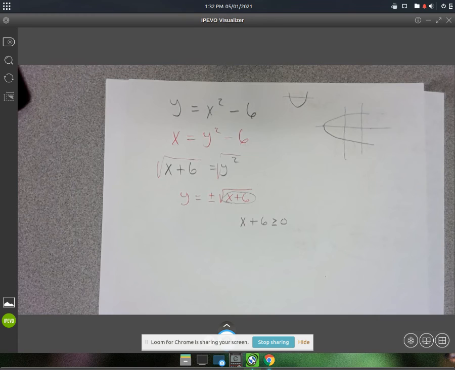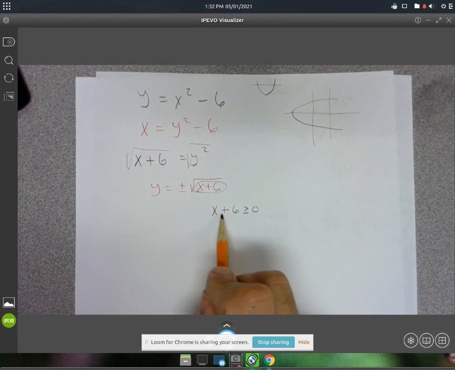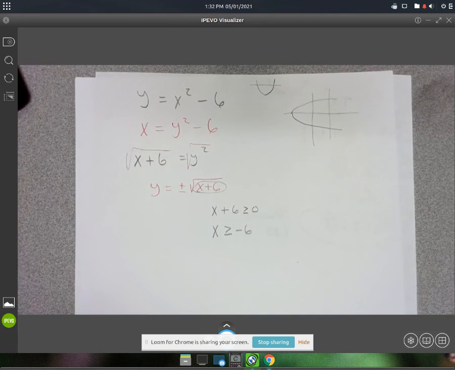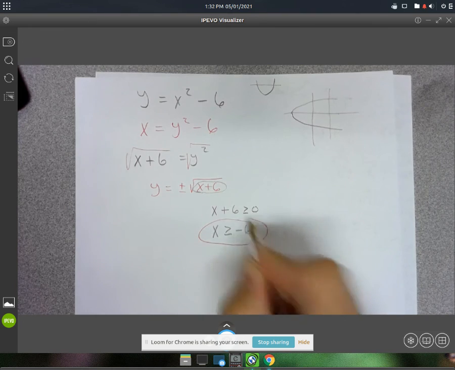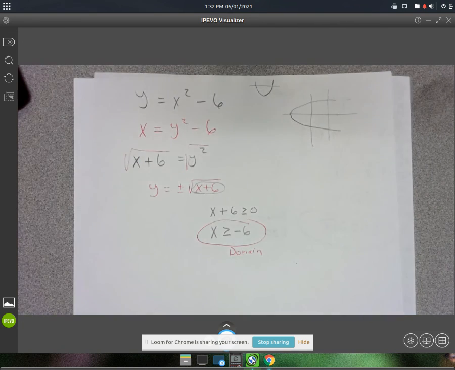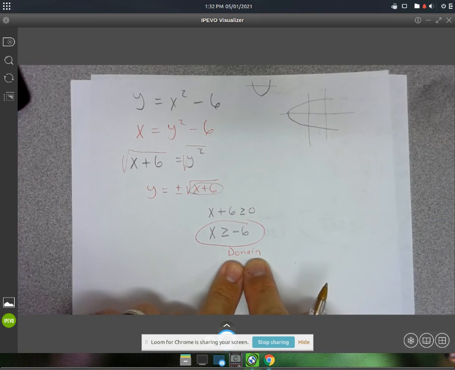Then you solve this little inequality. Just move the 6 over. It'll be x is greater than or equal to negative 6. And this is your domain. That's going to be the domain of your inverse function.